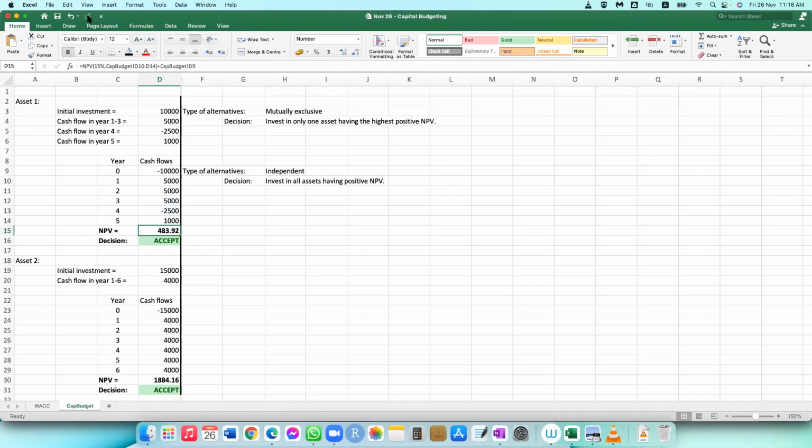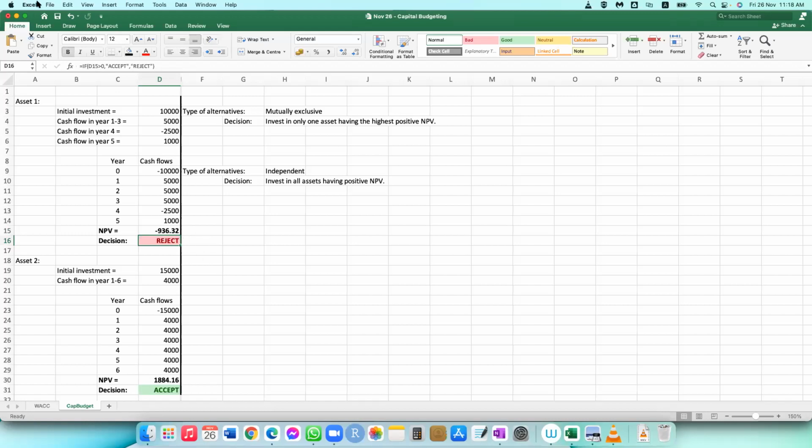Do you understand that? Just to show you that if we increase the discount rate, then the NPV will reduce. If we increase further, let's say to 25%, now it is negative. So there must be a rate in between this 15% and 25% that will make the NPV zero.